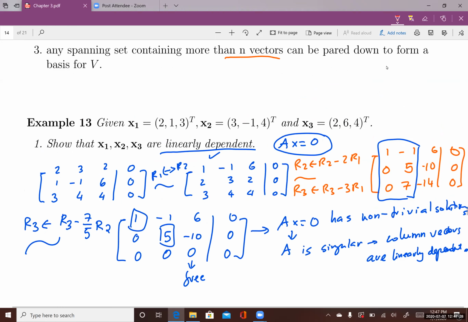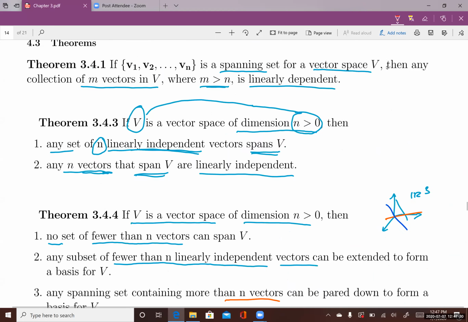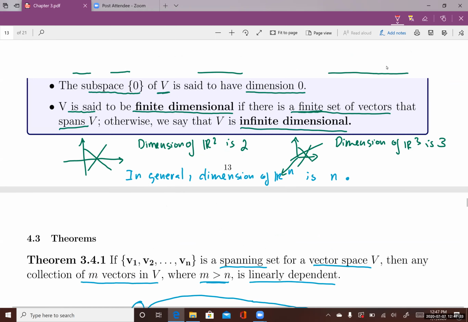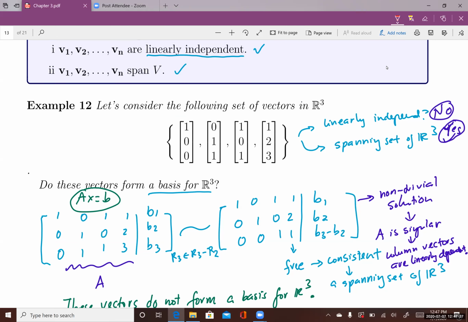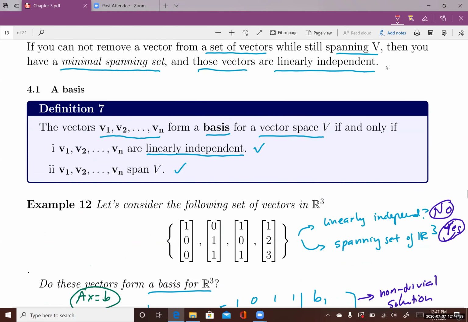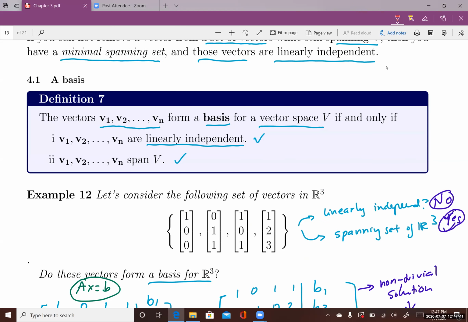All right, so this lecture talks about the basis of a vector space and the dimension of a vector space. The basis is a set of vectors that are linearly independent and span the vector space.